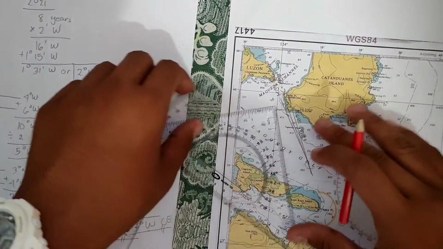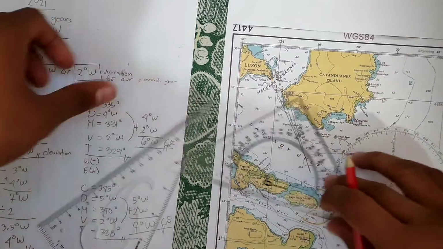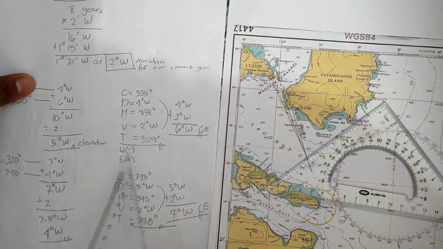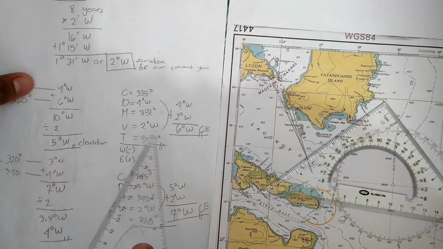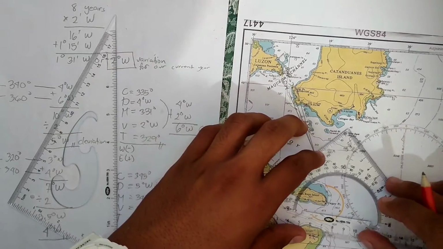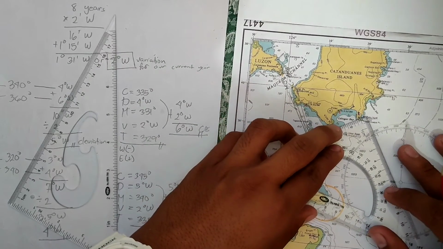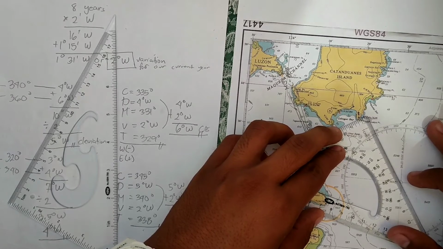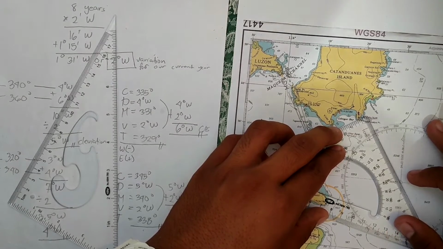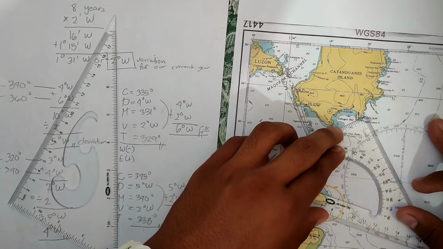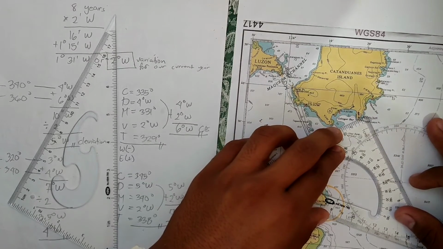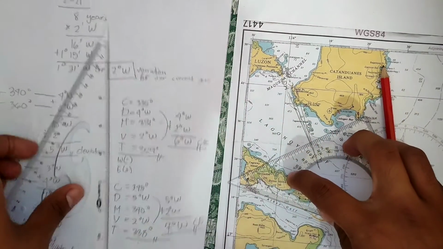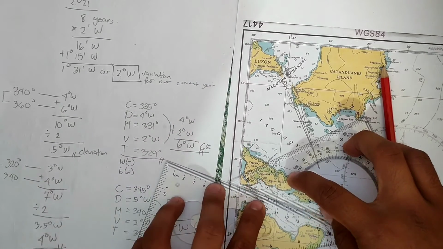The next thing we're going to do is find our true course, which is 329 degrees. Same thing again, using our triangle ruler, we will find 329 degrees, and we will locate it using our triangle ruler.